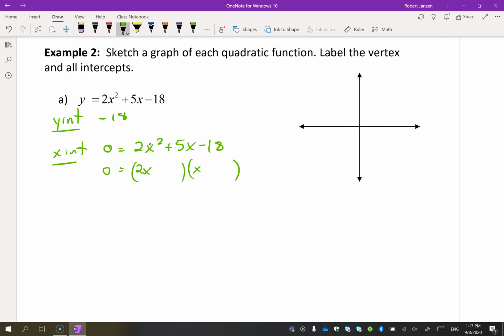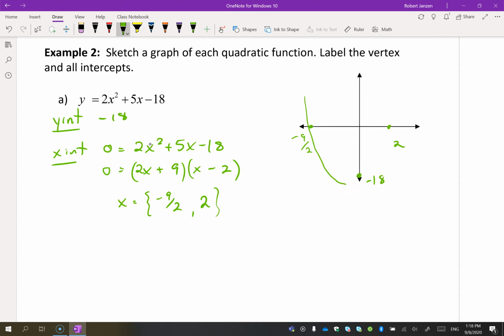I would say expect it to be able to be factored. Okay, so I think we can go minus 2 here, plus 9. I believe that works, yep. And so my x-intercepts are negative 9 halves and 2. So negative 9/2, that's about 4.5, and 2. The y-intercept is negative 18.